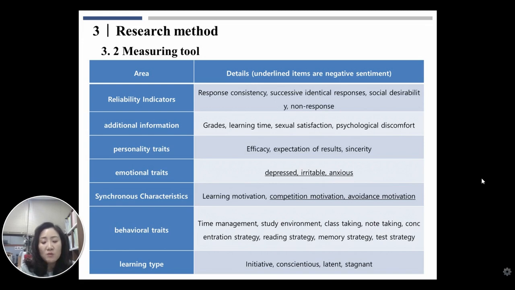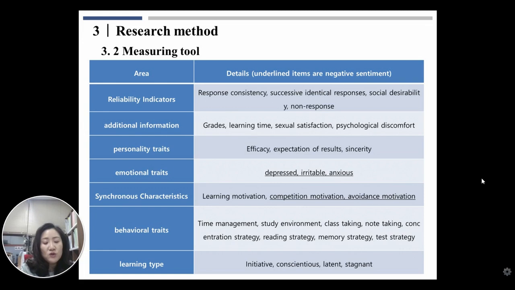Among negative emotions, which are independent variables, the indicators of depression, anxiety, and irritability mean the degree of emotional difficulty or pain for the corresponding emotion.